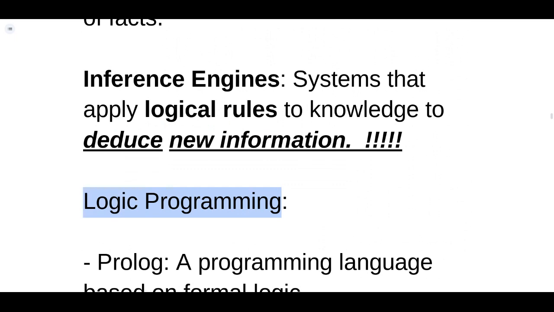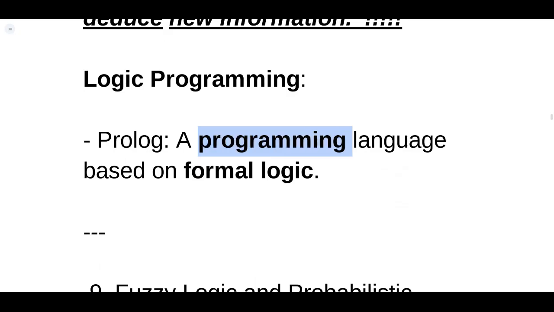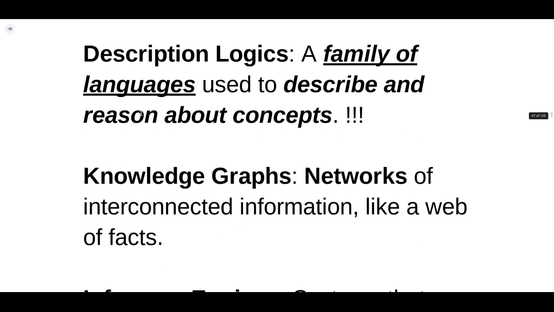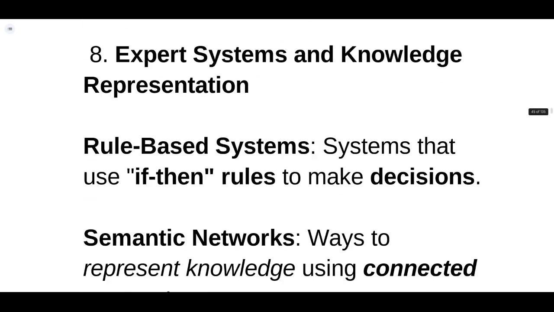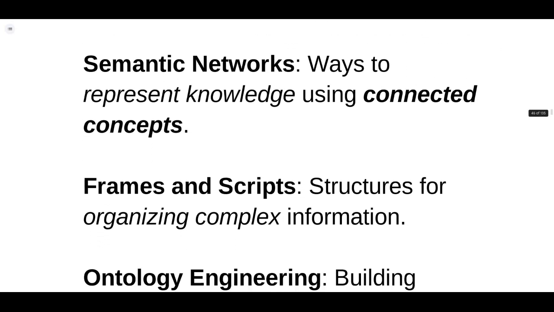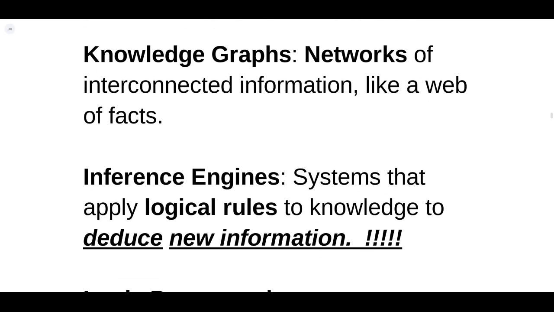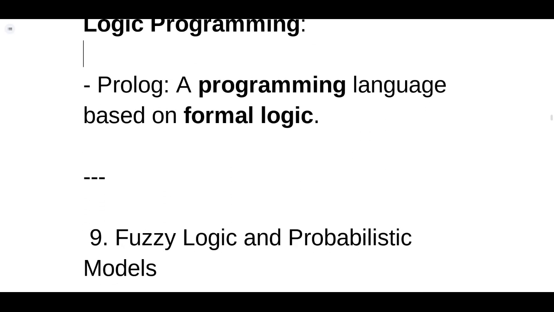Next comes logic programming. In logic programming, we have Prolog, a programming language based on formal logic. So that is about expert systems and knowledge representation: rule-based systems, semantic networks, frames and scripts, ontology engineering, description logics, knowledge graphs, inference engines, logic programming.